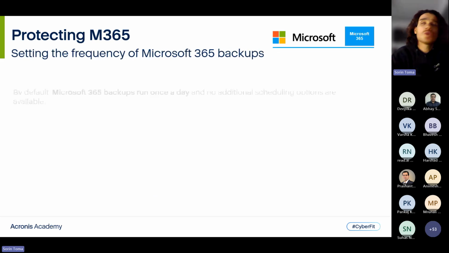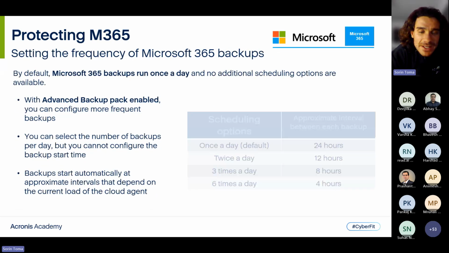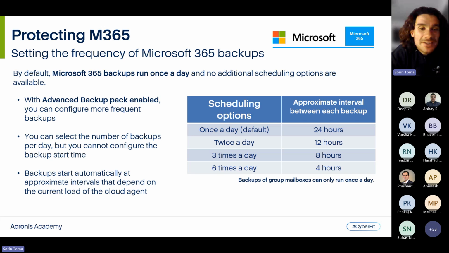But what I would like to emphasize is the fact that you can adjust the frequency of backing up Microsoft 365 apps, or for this particular discussion, SharePoint Online sites. By default, the backups run once a day, but from the moment you enable one of our advanced packs, the advanced backup pack, you will be able to configure more frequent backups.